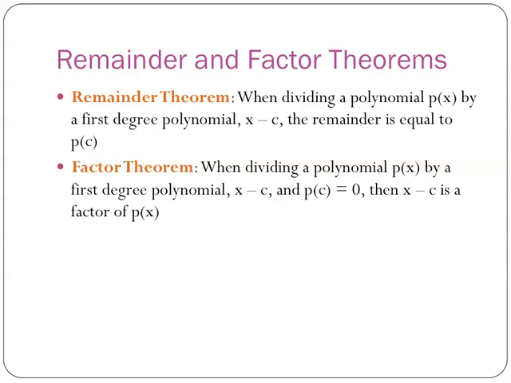Now really what you're saying here is just one step further from the remainder theorem. The remainder theorem says you plug c into your polynomial p of x and that gives you the remainder. The factor theorem says if when you do that you get 0, that means the remainder is 0, then since the remainder is 0, you know it divides evenly, which means that x minus c must be a factor of p of x.